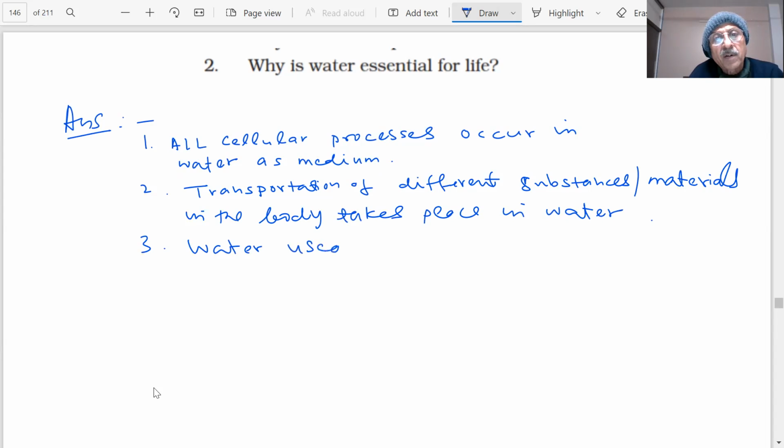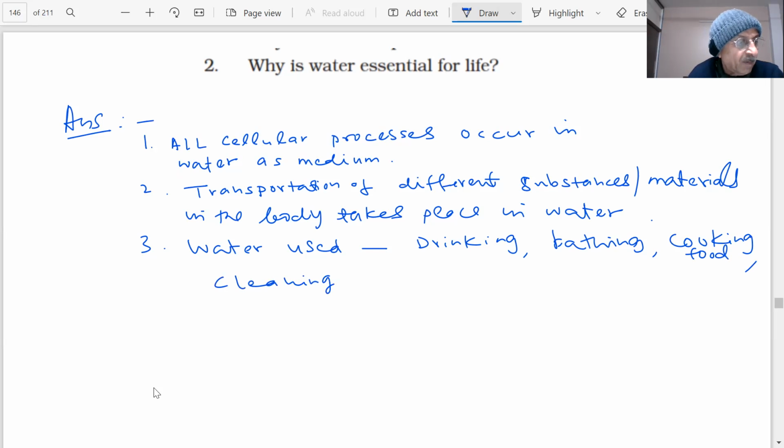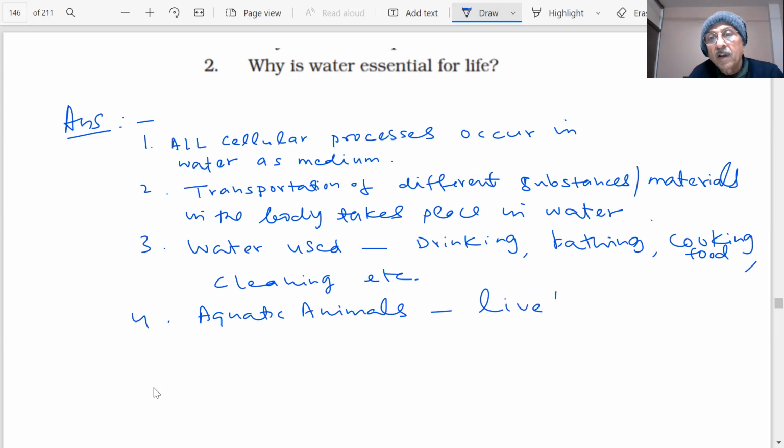Water is used for drinking, bathing, cooking food, cleaning, everything you need water, student. So many things. Without water, how can we survive? Then there are aquatic life, aquatic animals. They live and survive in water.